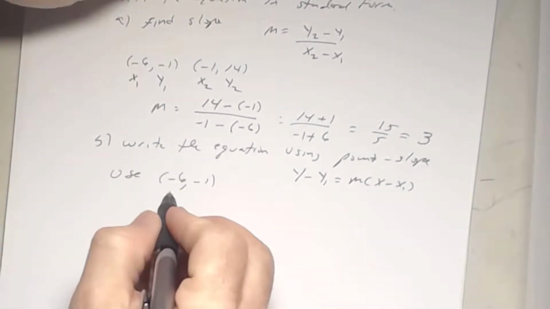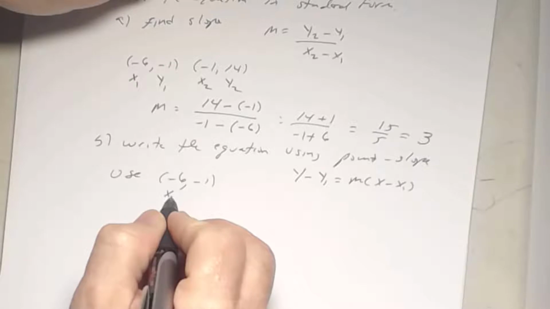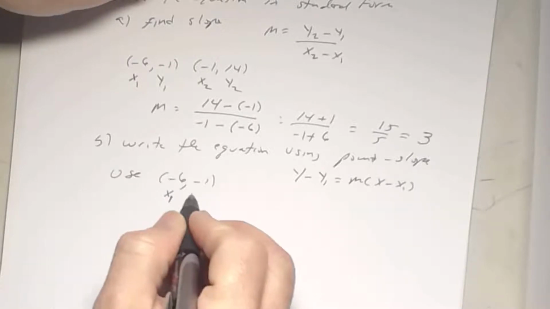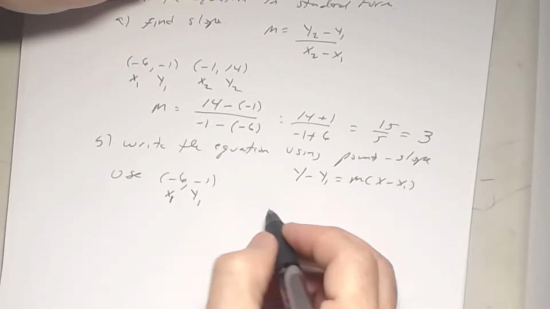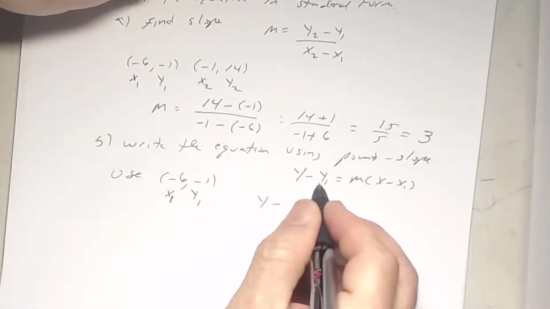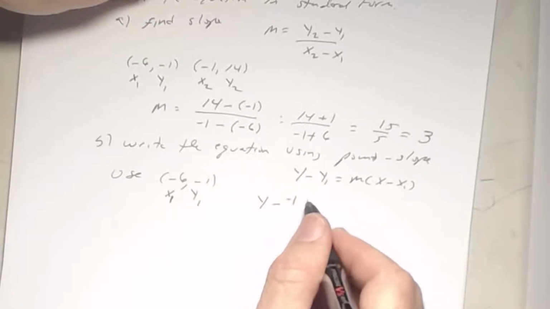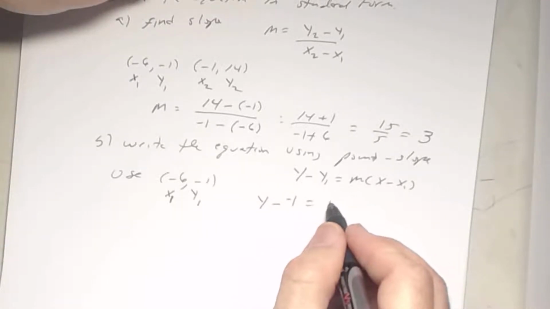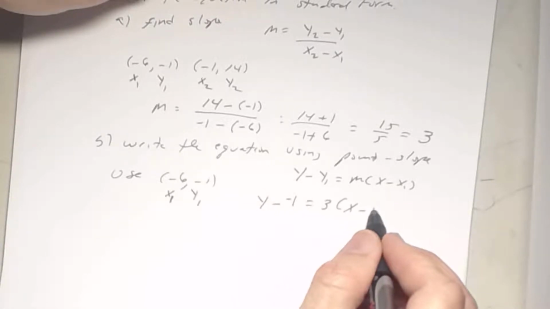Now, since I'm using negative 6, negative 1, then negative 6 would be called the x1, and then negative 1 would be called the y1. And you just plug things in. So here we go. Y minus y1, what's y1? Negative 1 equals the slope, which is 3, times x minus x1, what's x1? Negative 6.